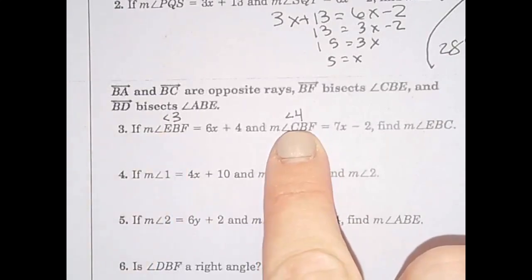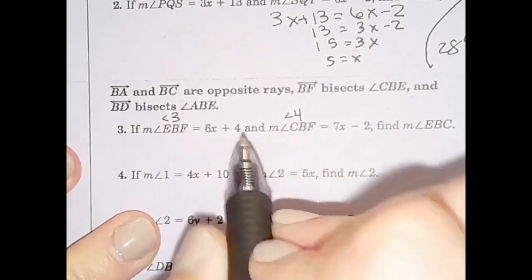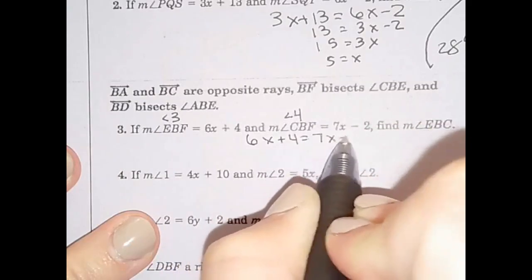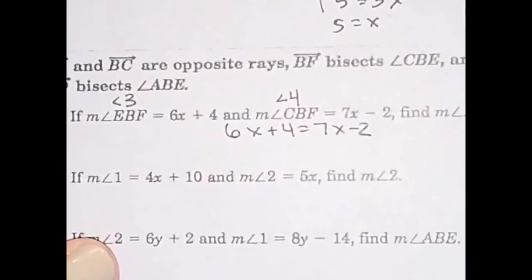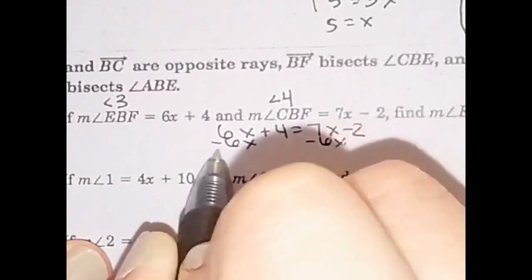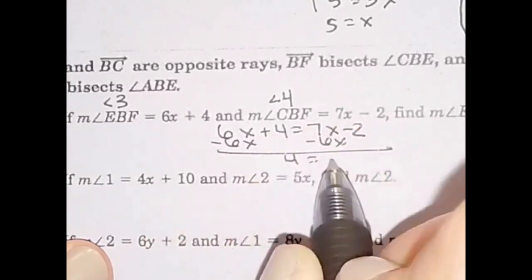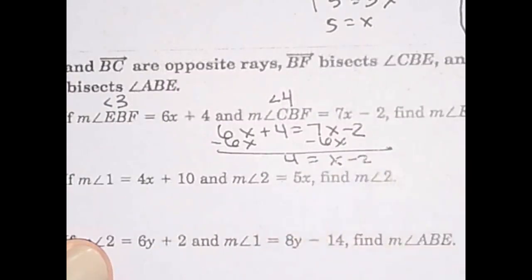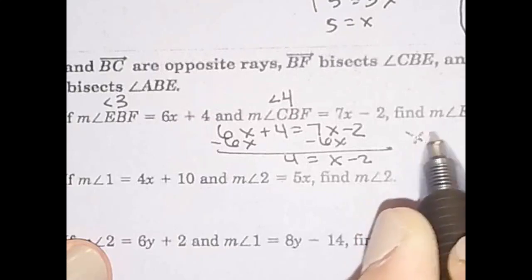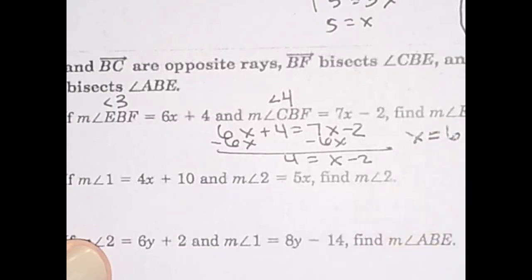Solving, subtract 6x on both sides. So I have 4 equals x minus 2. Add 2 to both sides, so x equals 6. Now I'll just plug x in for this x. 6 times 6 plus 4. 6 times 6 is 36, plus 4 is 40.